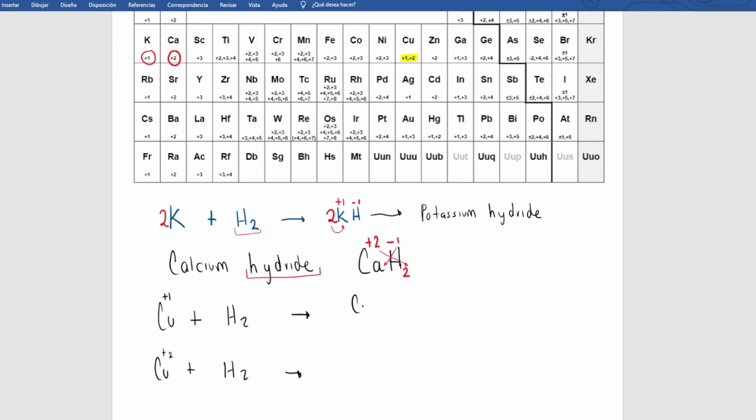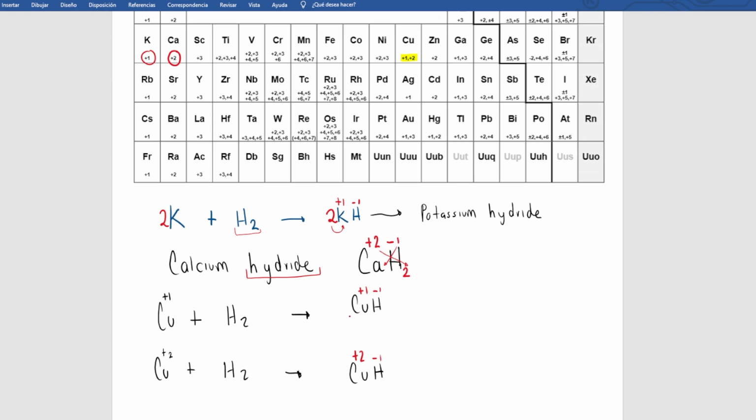In this case, we have copper and H, but here we also have copper and H. So, let's try to balance the charges. Here we have +2, here we have +1. And since it is a hydride, we'll have -1 here, and here we have -1.